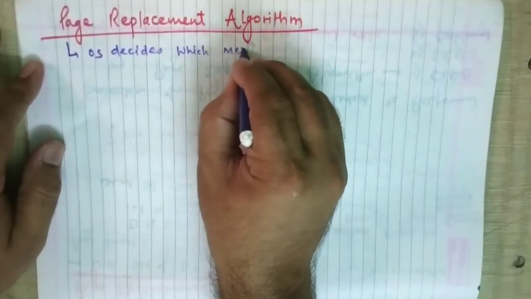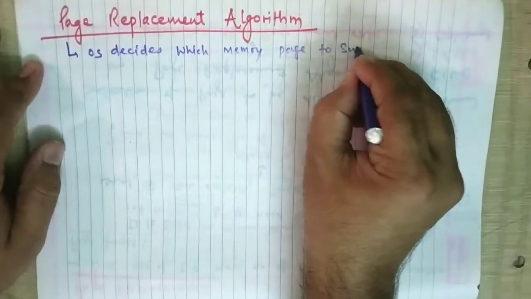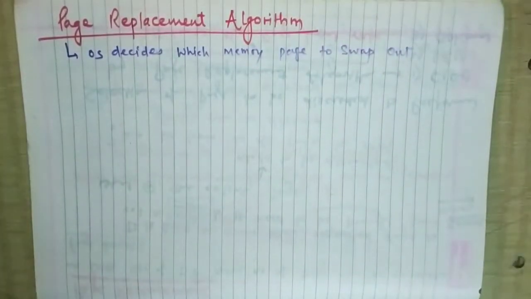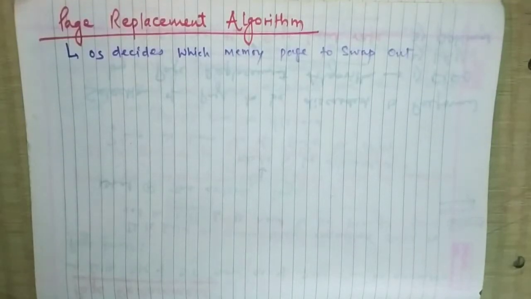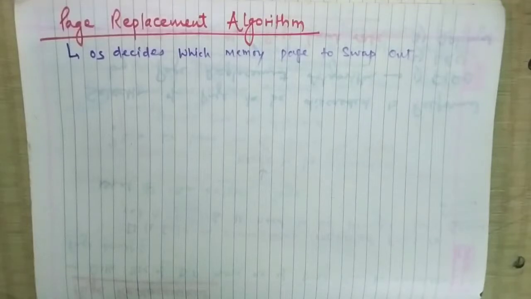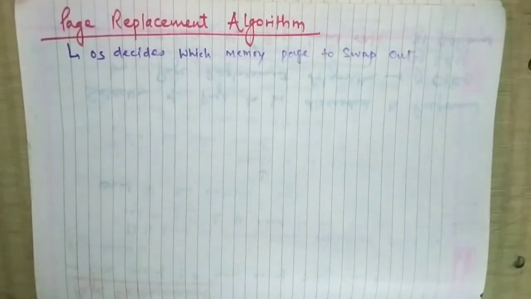So which memory page to swap out we have to decide from this algorithm by means of an operating system, and write to disk when the page of the memory needs to be allocated.